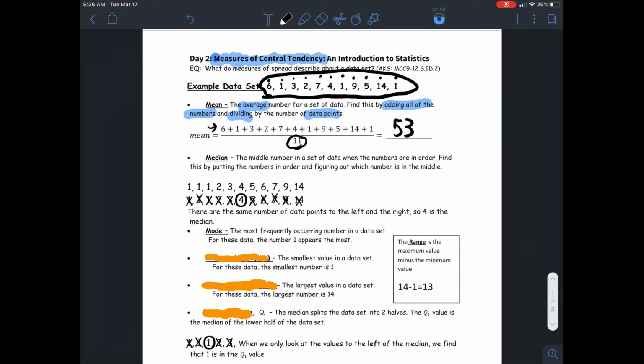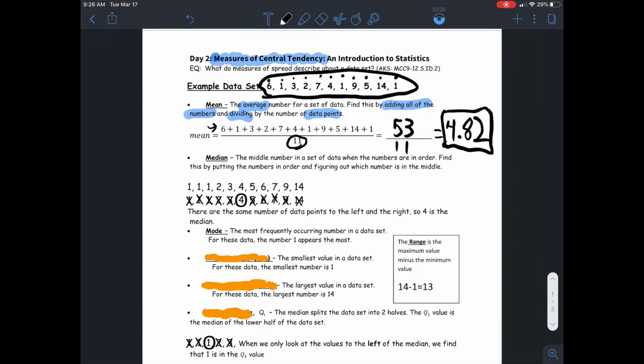Please, guys, feel free to use a calculator or the calculator on your computer, your phone, or tablet to do this adding. We don't want to make simple mistakes. And we divide 53 by 11. So if we do 53 divided by 11, we get a decimal of 4.82. So the average number, or the mean number, for our example data set is 4.82.